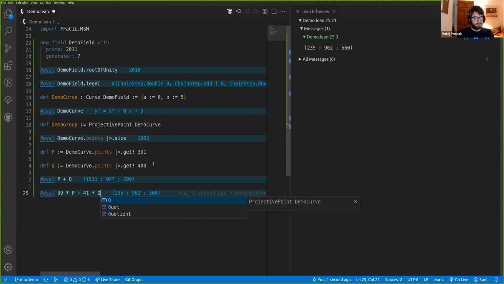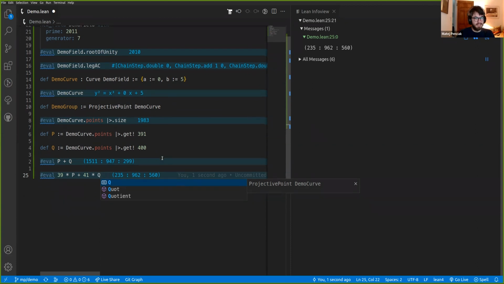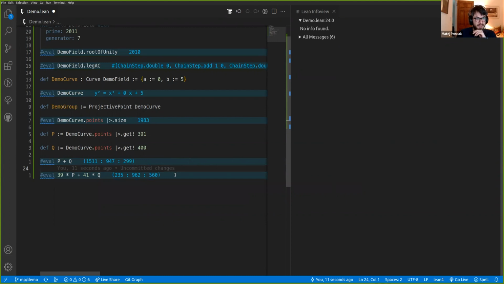And yeah, so that's just a quick demo of all of the various optimizations and implementations that we have for this.